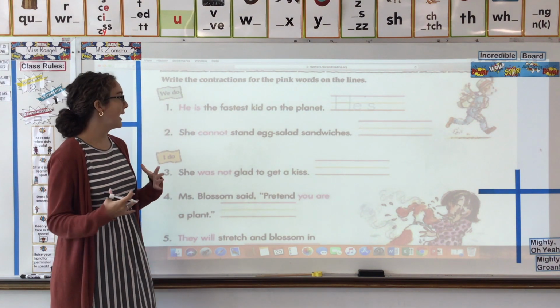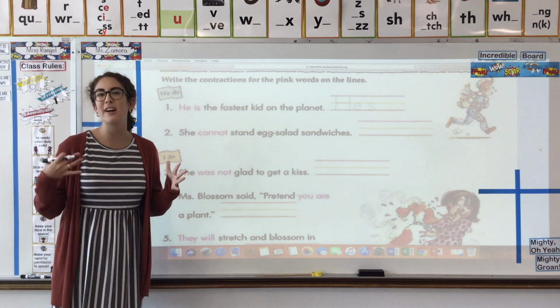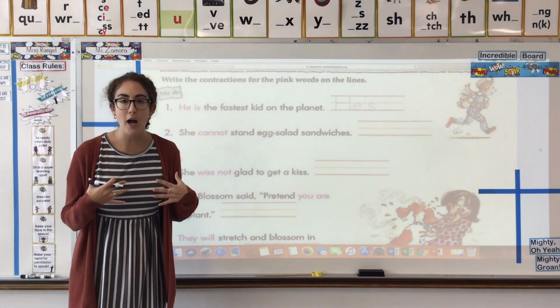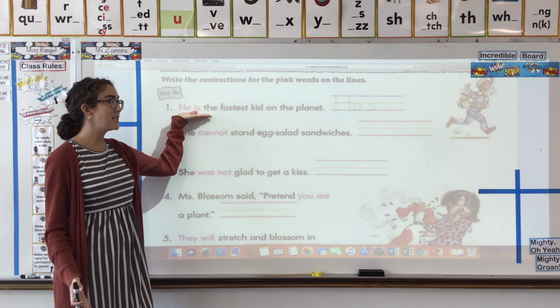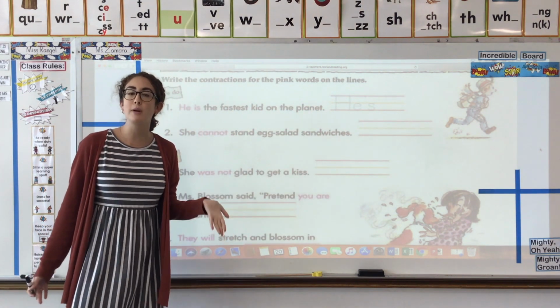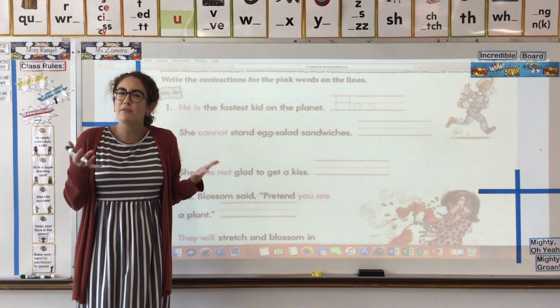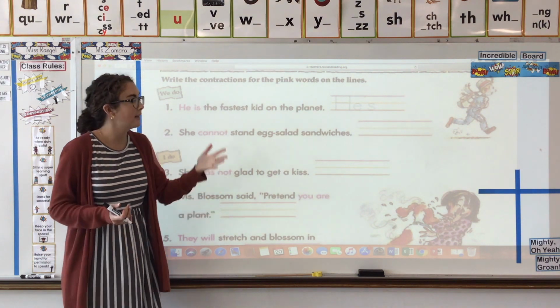On this page, we have two words in every sentence that are in pink. Our job is going to be to change these pink words into a contraction. Then we will read the sentence using that contraction. So the first one's already done for us.